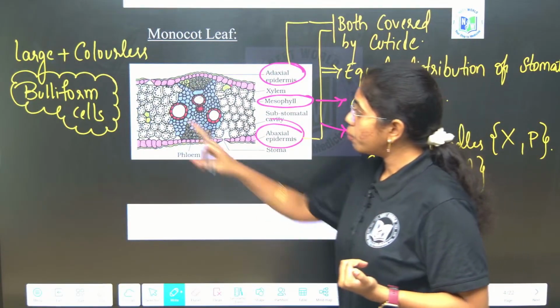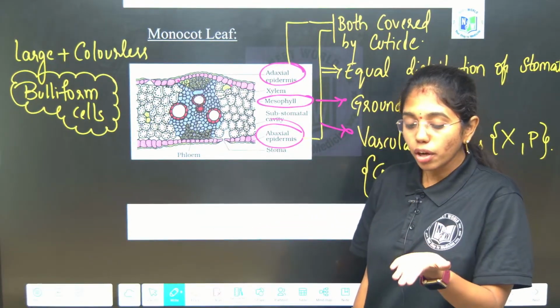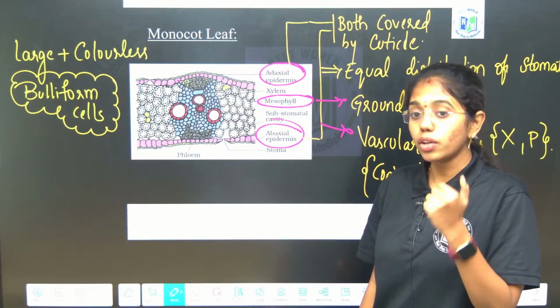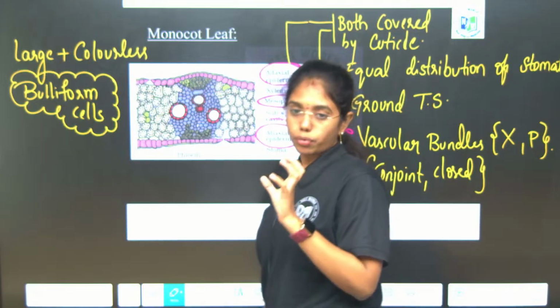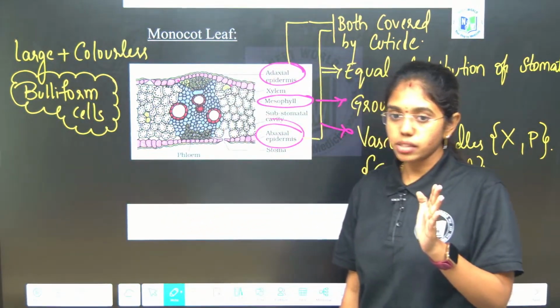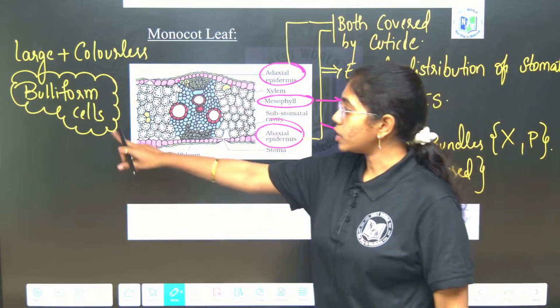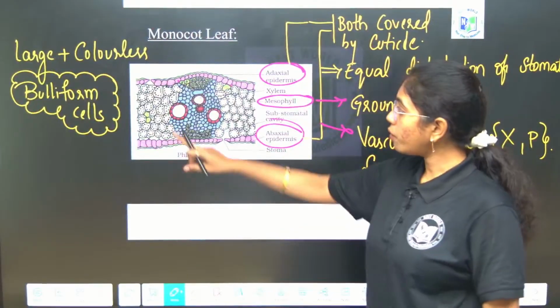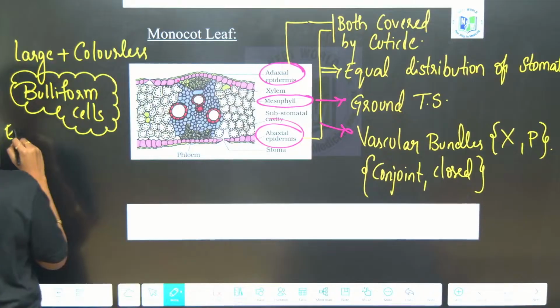Bulliform cells present in the epidermis facilitate that movement of leaves rolling inward in flaccid conditions. Whenever the leaf has ample water, in turgid conditions, the leaf straightens, indicating sufficient water. That is because of bulliform cells. Bulliform cells are present where? In epidermis of monocot leaf.